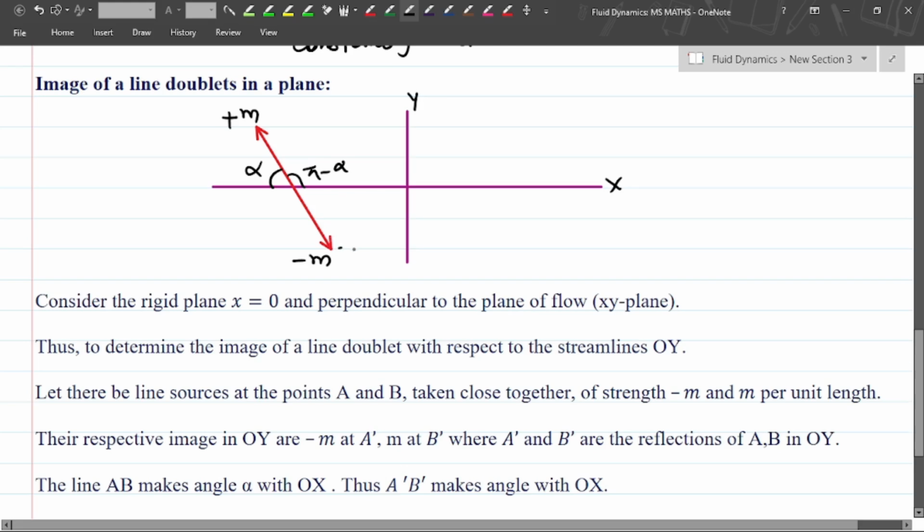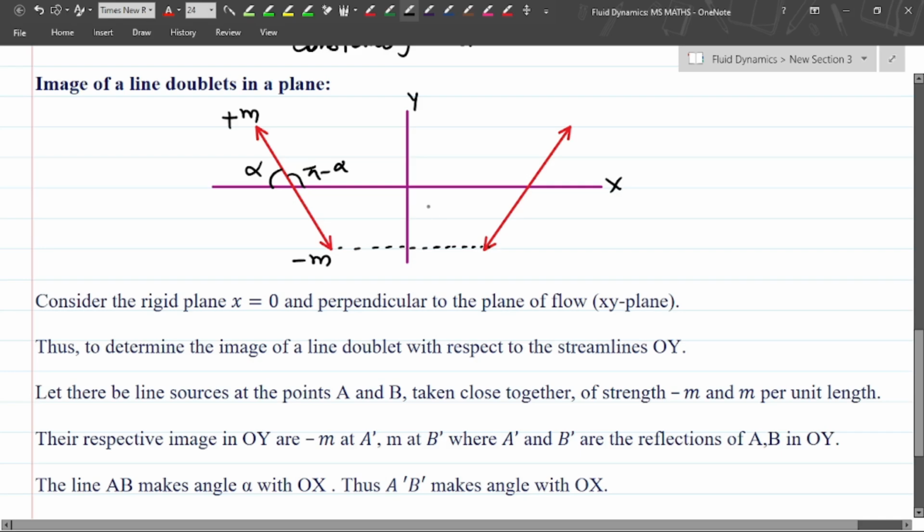The image of this is at the same distance from the line. If you put a line as a mirror, you will get this type of image. The end part which is closer to the surface has an image also closer to the surface.